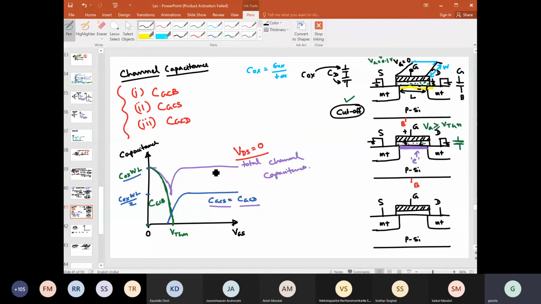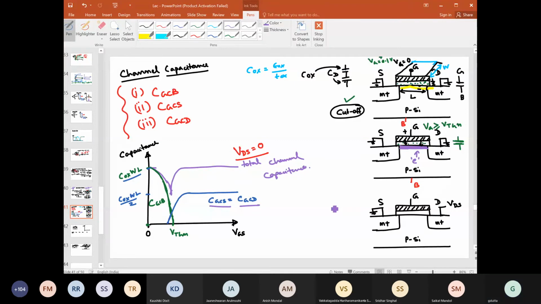Now, as we have understood this part, probably we can take up the third case, where we have applied some positive VDS at this drain terminal. So we keep this source terminal at ground potential.